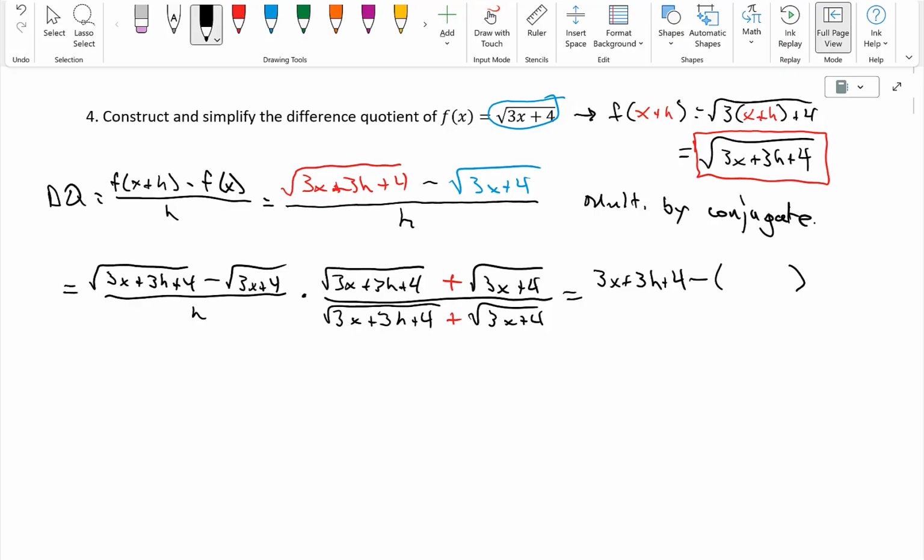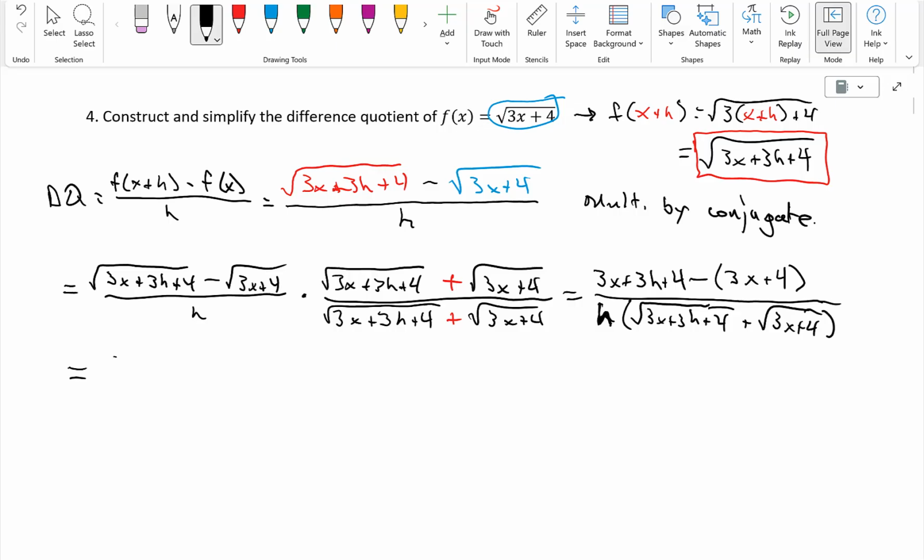When we square them, we just get that expression inside, or that radicand out, the 3x plus 4 over here. All over the denominator, we want to keep that factor of h that we know we're trying to get rid of, and then we'll multiply by that whole conjugate, 3x plus 3h plus 4, plus the 3x plus 4 under the second radical.